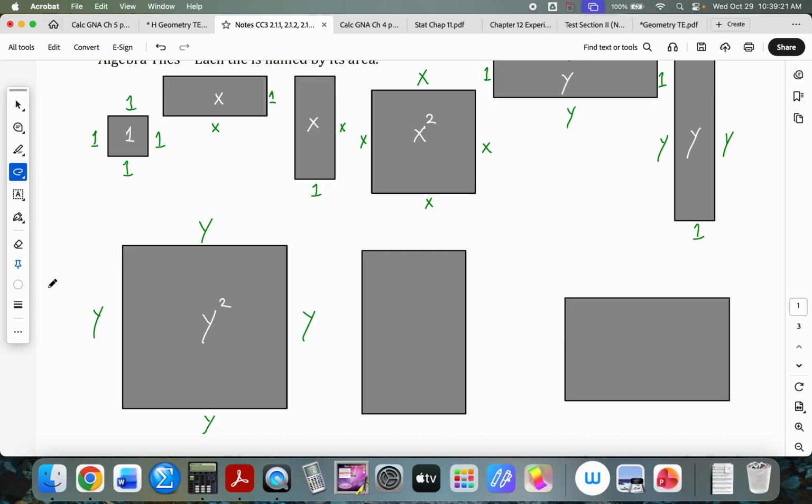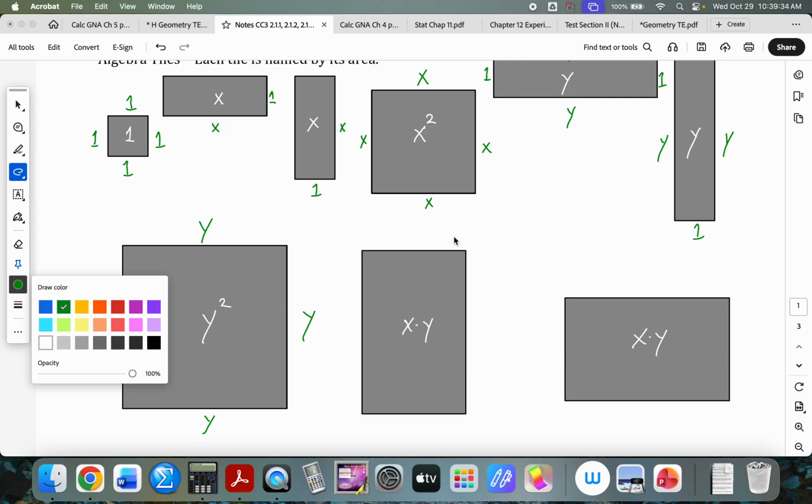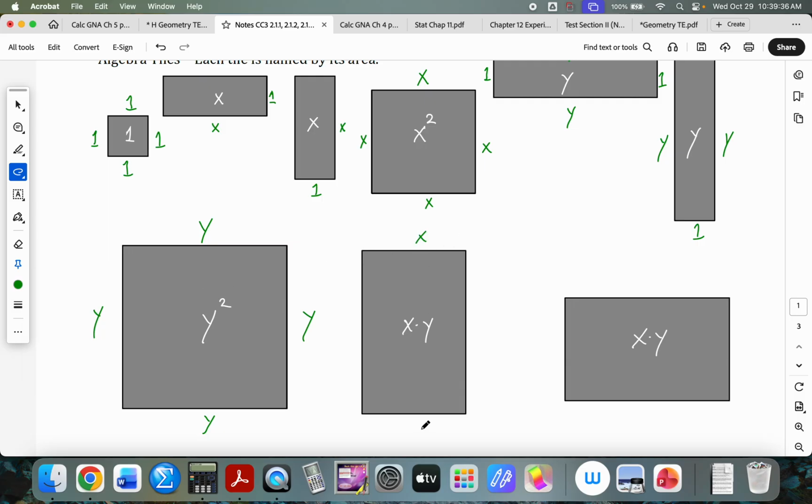And then for these last ones, the area of these is going to be x times y, because the shorter side has a length of x and the longer side has a length of y. And the area of a rectangle is the base times the height, or the length times the width, either way you want to think about it. So that's going to be x times y.